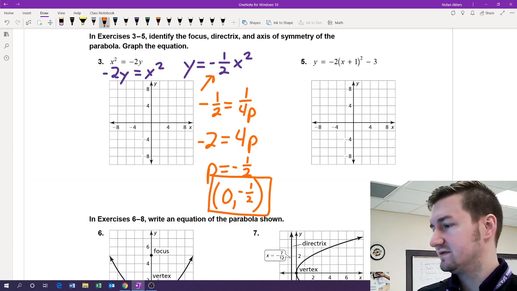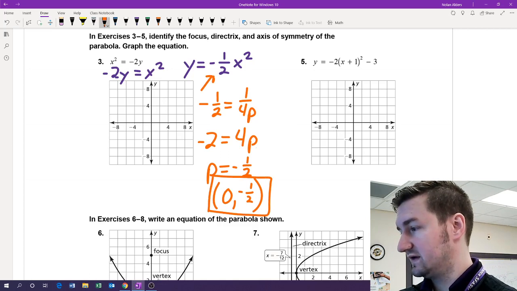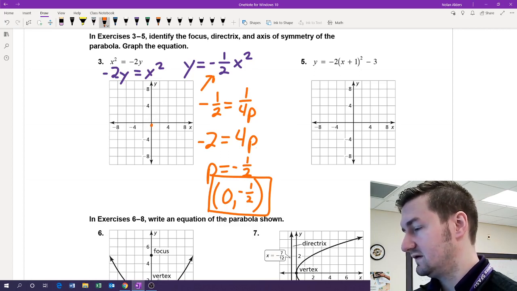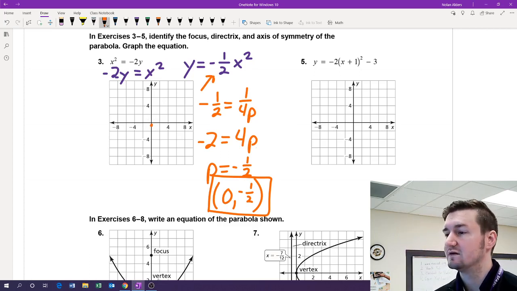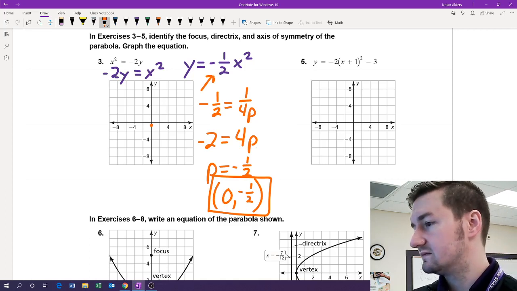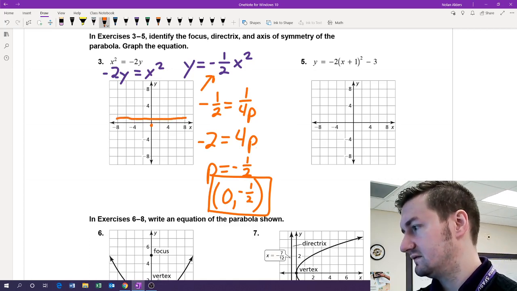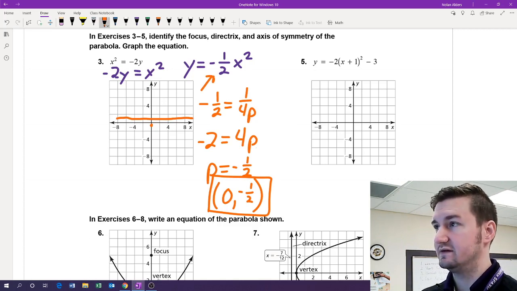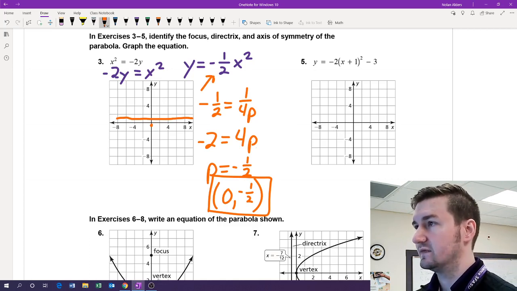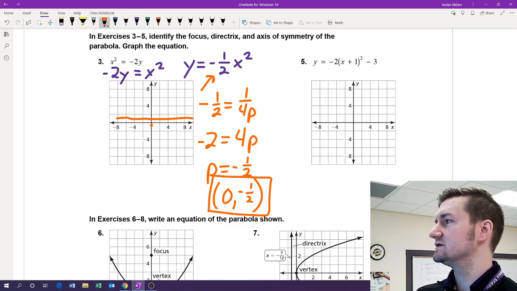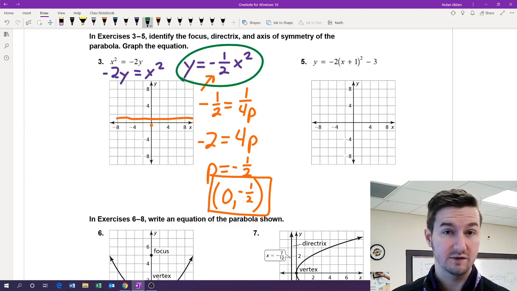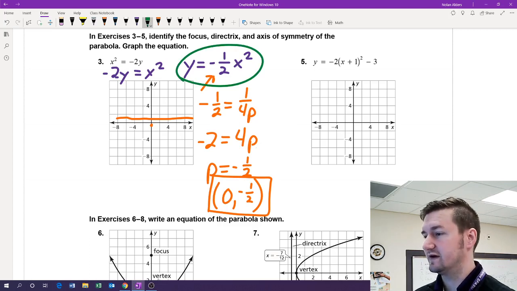So if we were to graph this on here, actually that would be really difficult on this graph if it's -1/2. It should be right in here somewhere. That's our focus. So our directrix will be a line right on the other side of that, equally distant from the vertex, which in this case, the vertex is at 0, 0. And if you're not sure where the vertex is, remember, guys, you can plug that thing into Desmos if you want to figure out where the vertex is.